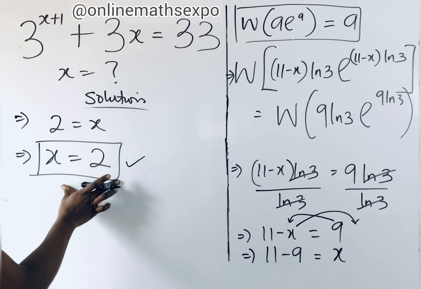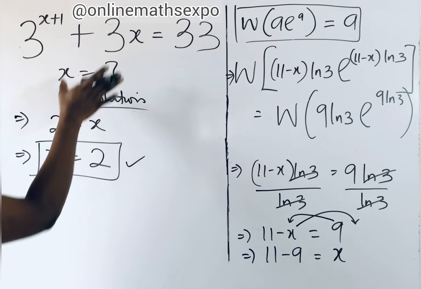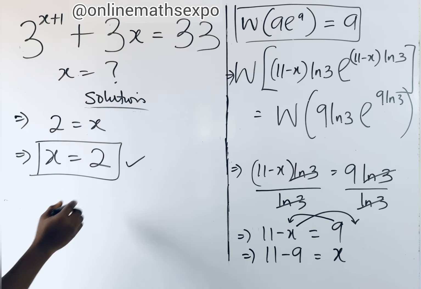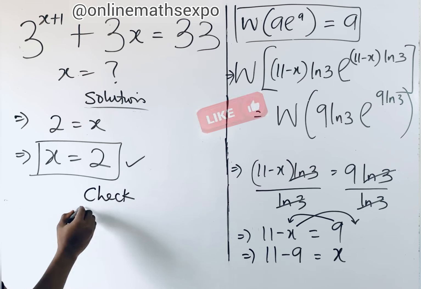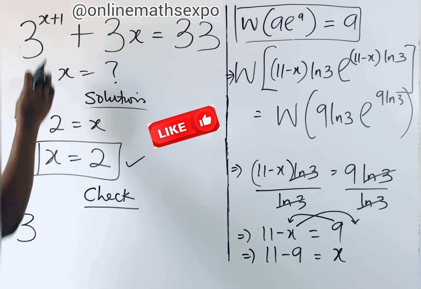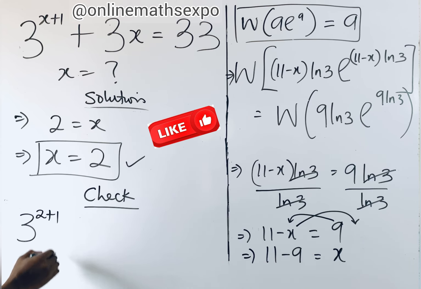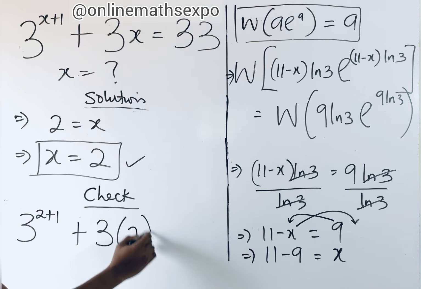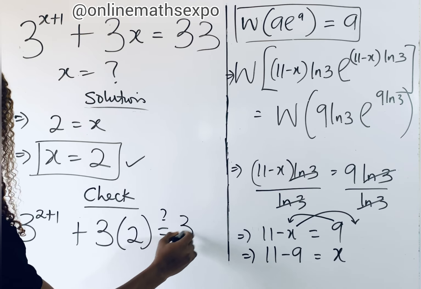So to check if this answer is correct, we plug this value into the left side to see if it gives us 33. Putting x as 2, we have 3 to the power of 2 plus 1, then plus 3 multiplied by 2. Will this be equal to 33?